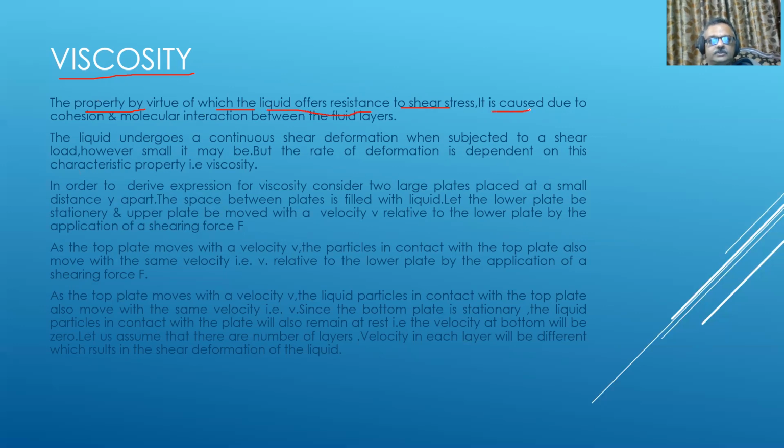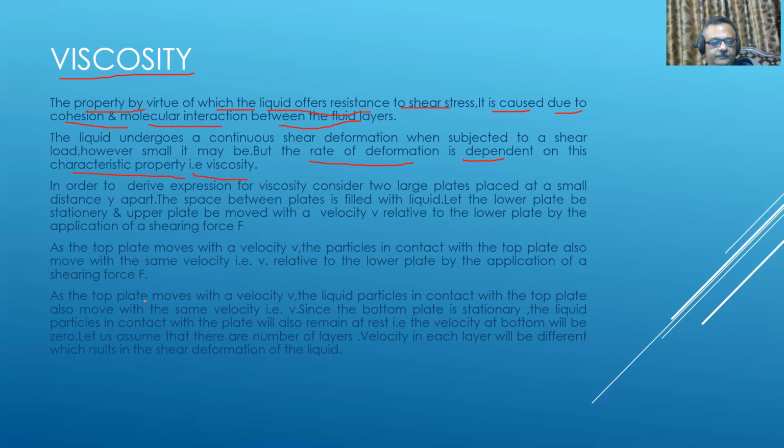It is caused due to the cohesion and molecular attraction between the fluid layers. Okay, students. So the liquid undergoes a continuous shear deformation when subjected to a shear load, however small it may be. But the rate of deformation is dependent on the characteristic property that is viscosity.